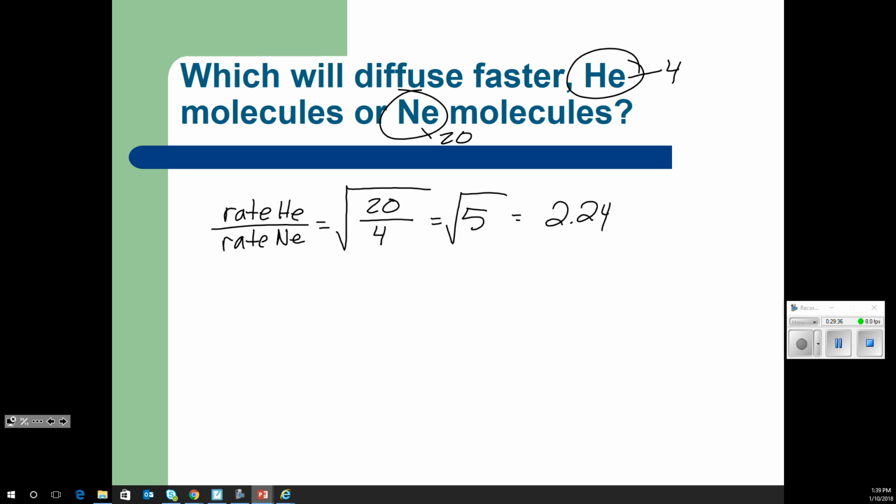All right, so helium would be faster. If we look at this, this is basically saying 2.24 to 1. So helium is 2.2 times as fast as neon. Does that make sense? Okay.